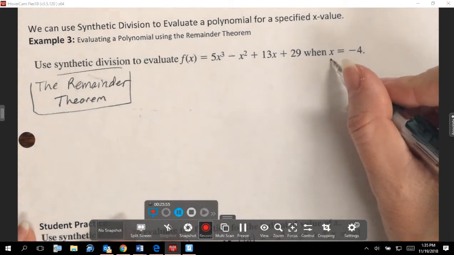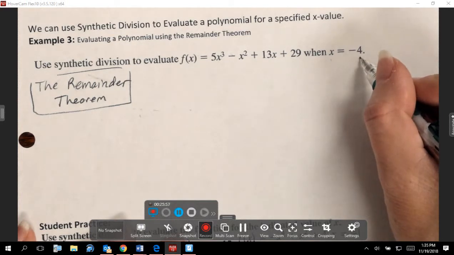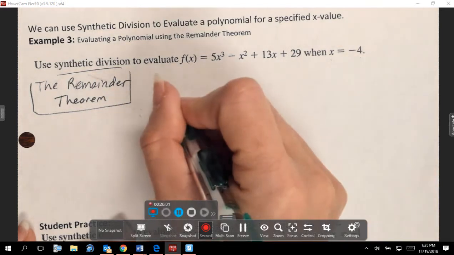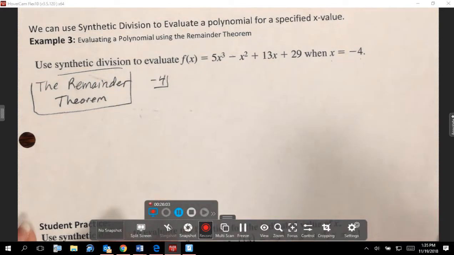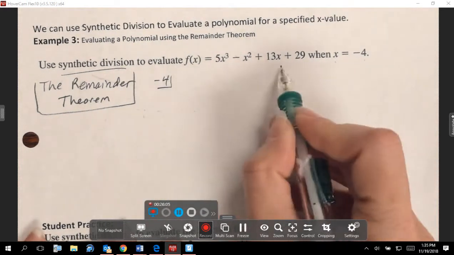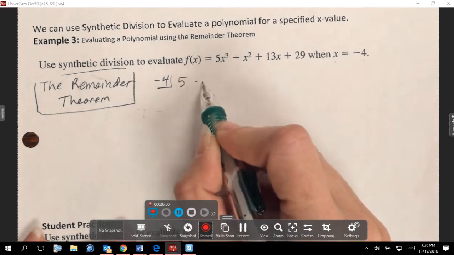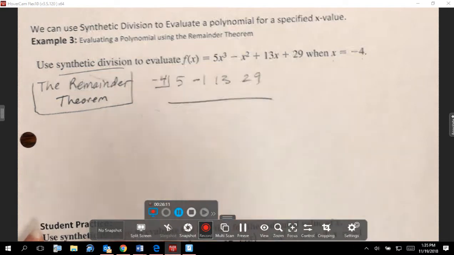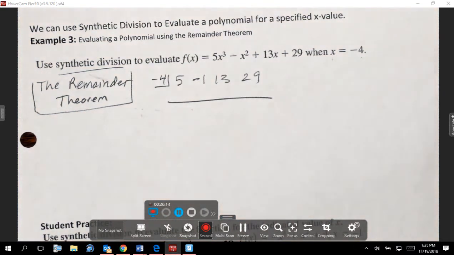This is what you do. Over here, this is what x equals. So you don't have to solve for x. You take it and you put it in the box. Then you write your coefficients. Make sure you don't have any zeros. Then you do synthetic division.